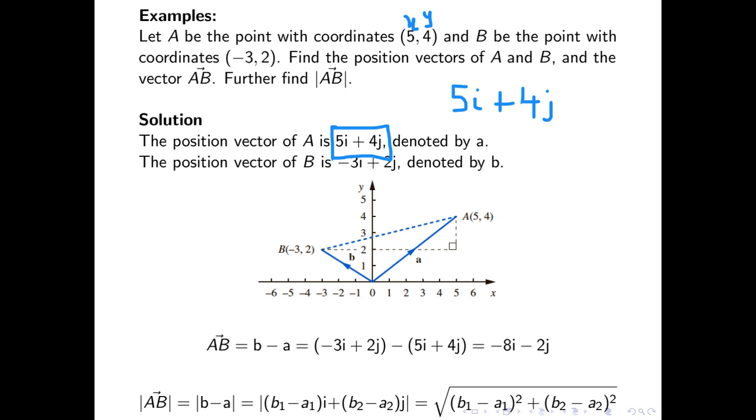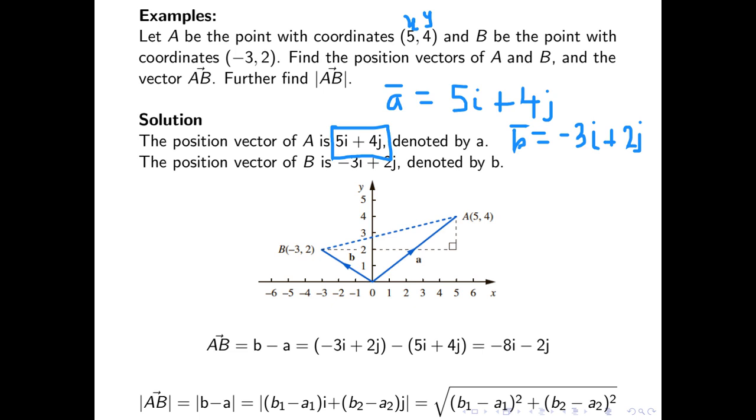Let's also obtain the position vector of B, since we have obtained the position vector of A. Okay, so this is the position vector of A. The position vector of B, therefore, is -3I plus 2J, because this is 2-dimensional.